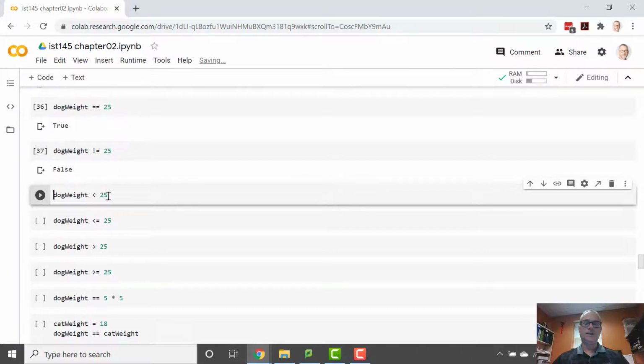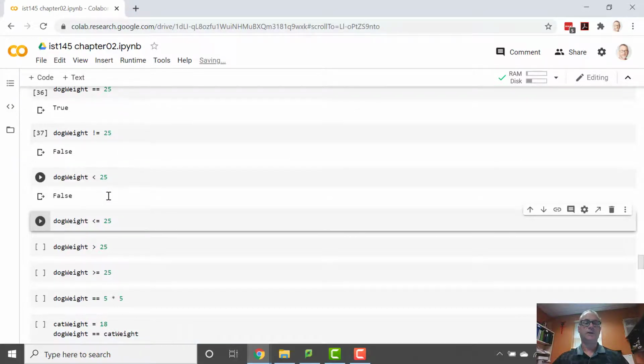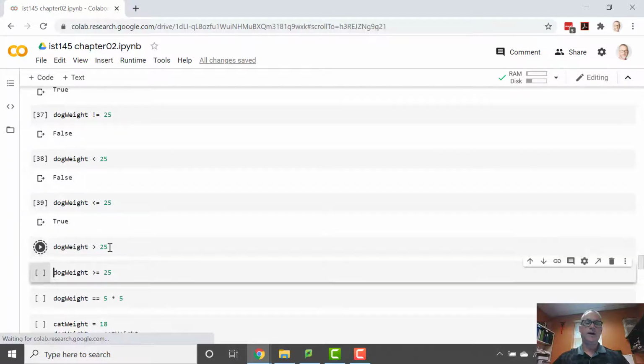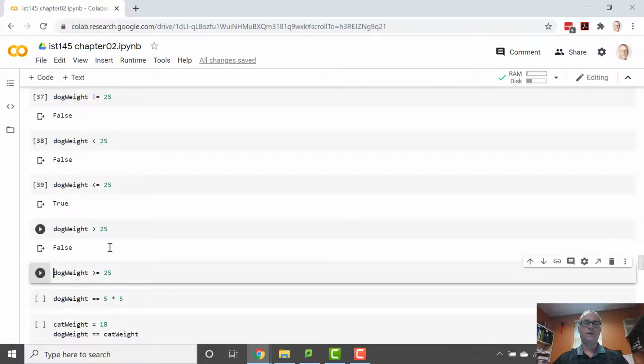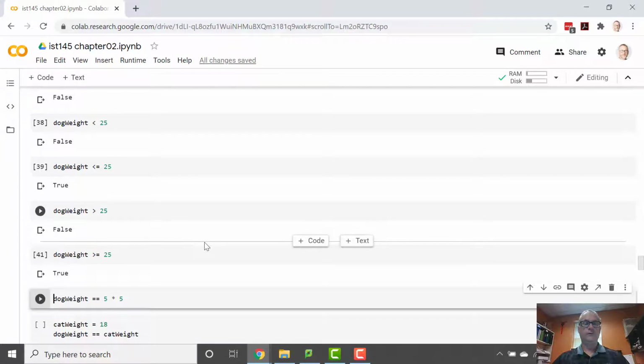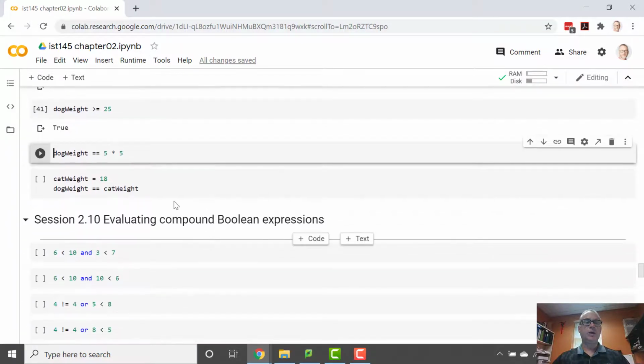Dog weight less than 25 is also false. Dog weight less than or equal to 25, that will be true. Dog weight greater than 25, false. Dog weight greater than or equal to 25, true. And notice that we can use expressions here as well.